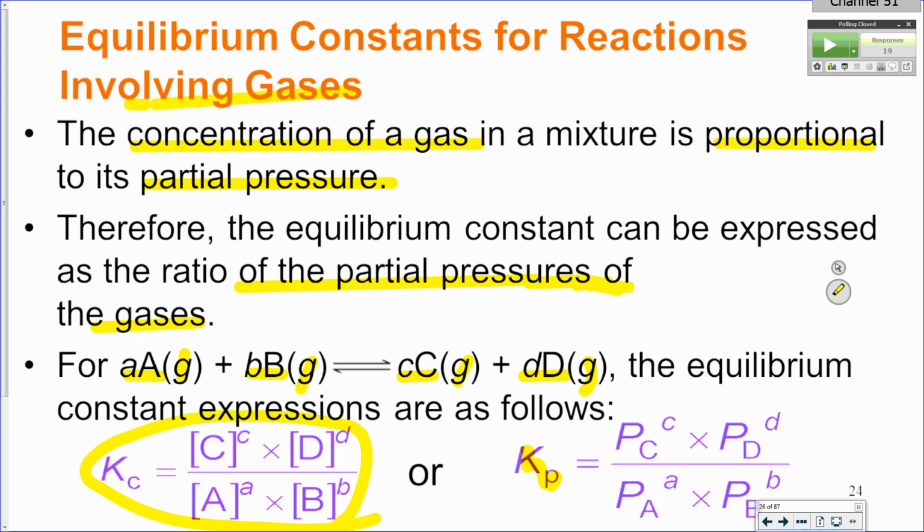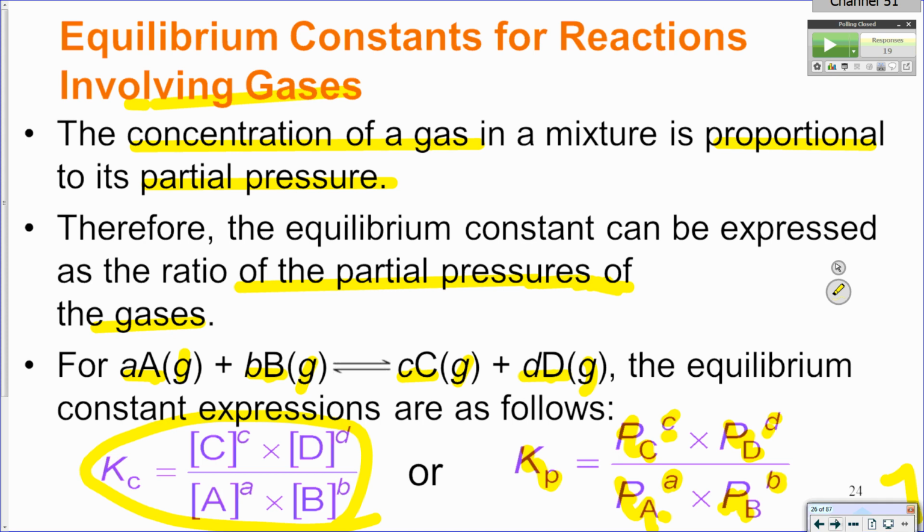It's the partial pressures of each of those gases raised to its respective power, still products over reactants raised to the power of the stoichiometry. The partial pressure of C raised to the C power, partial pressure of D raised to the D power. The reactants, partial pressure of A raised to the A power, partial pressure of B raised to the B power. So we can write it either way.